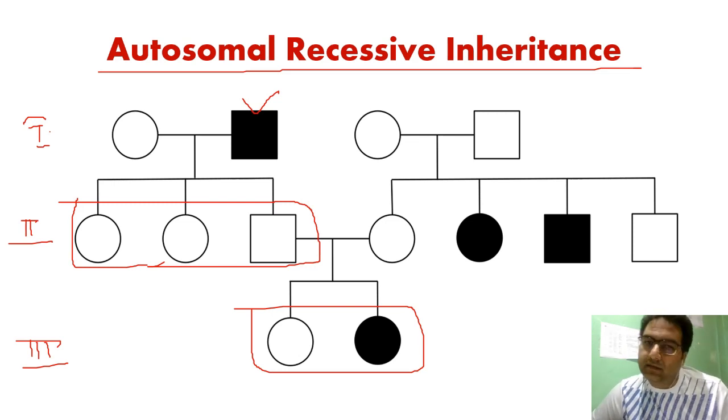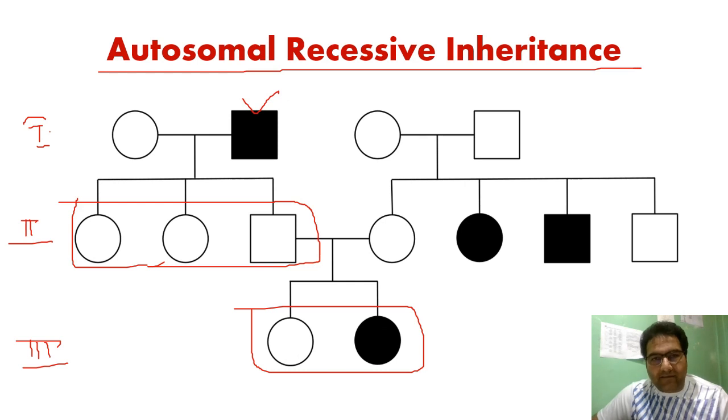That is why they must have another allele which saves them from being diseased. If a child is affected, it means both the parents of that child are heterozygous, giving the allele for the disease.